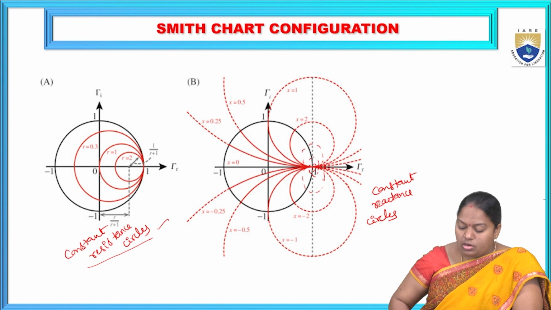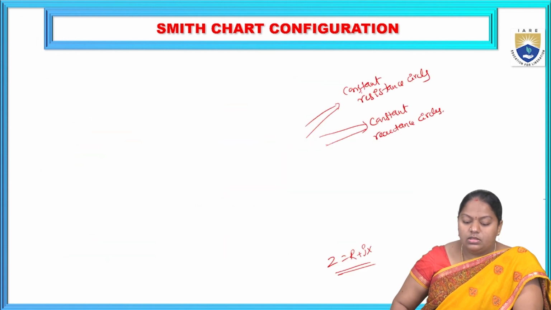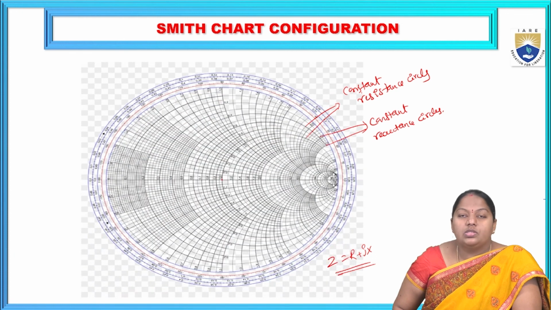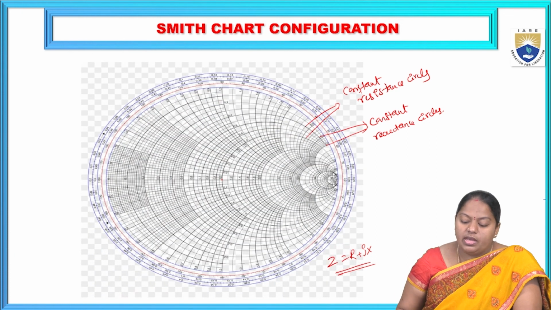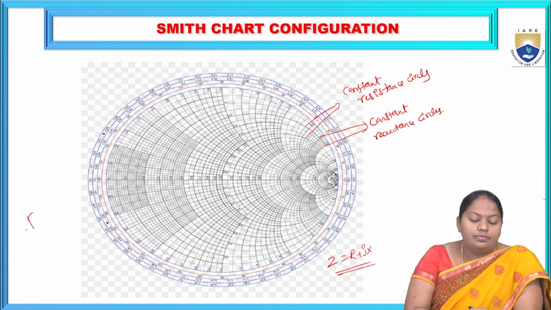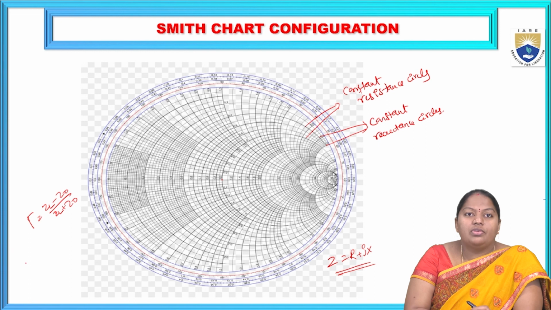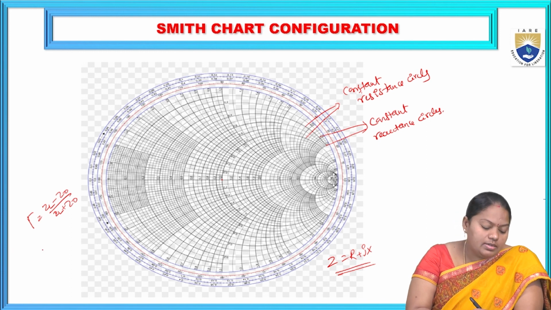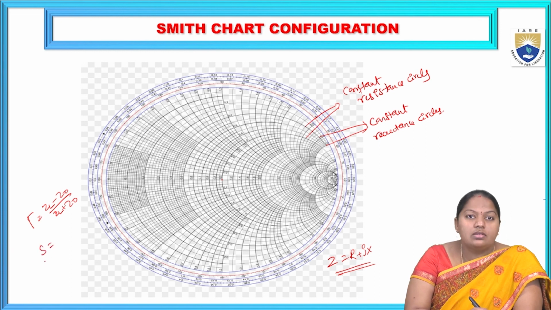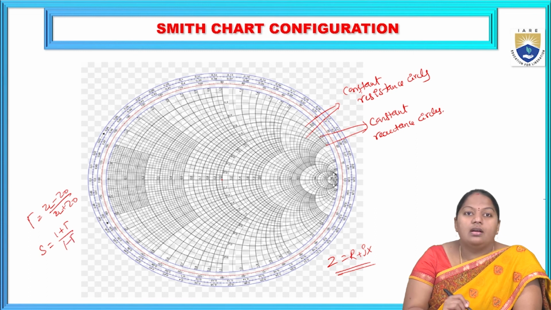If you combine the two on a single graph, it looks like this. With the help of this, we calculate the reflection coefficient of a transmission line, gamma equals (ZL minus Z0) by (ZL plus Z0), and along with this we can also calculate the standing wave ratio S in terms of gamma as (1 plus gamma) by (1 minus gamma).